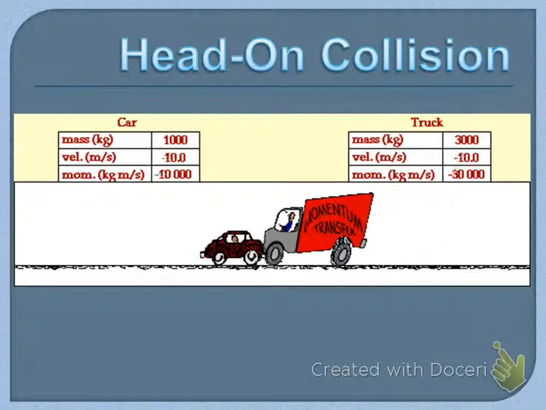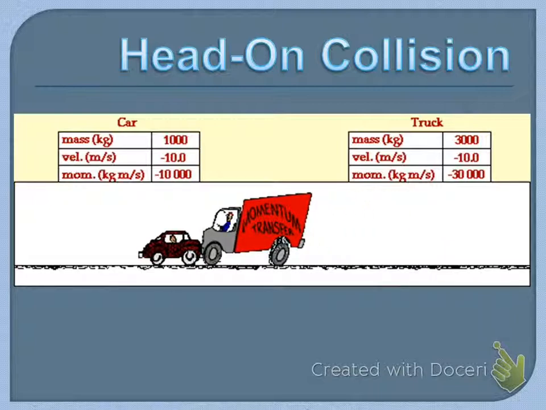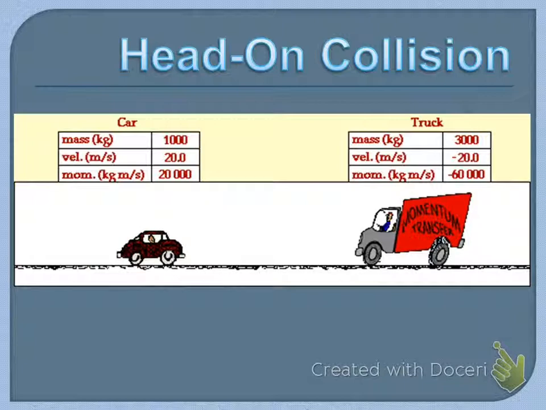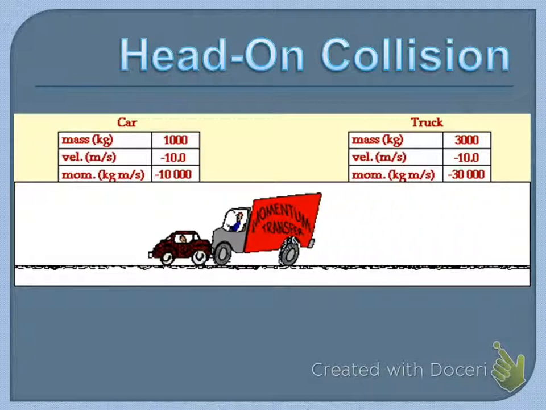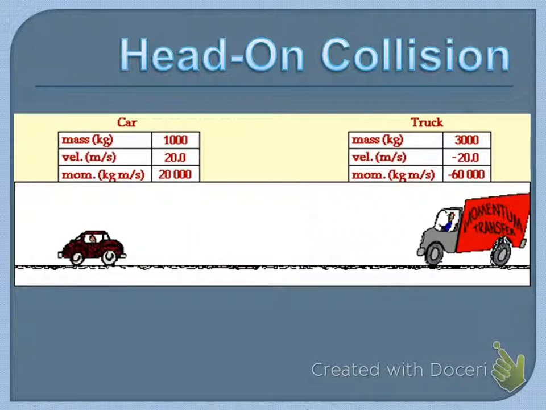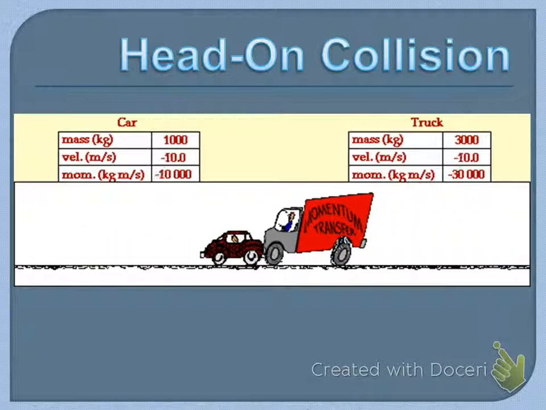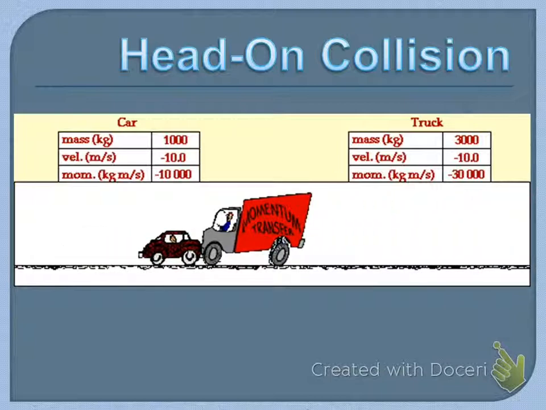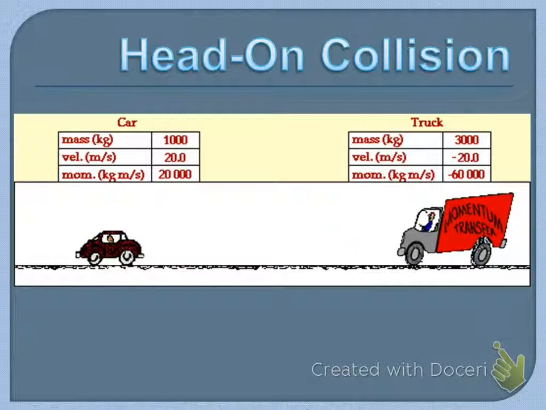Okay, so here we have a car and a truck that stick together in a head-on collision and move. You notice that the truck ends up pushing the car in the same direction in which the truck was originally moving, and that's because before the collision, let's see if I can pause this right here. Before the collision, the momentum of the car is 20,000 kilograms meters per second, and the momentum of the truck in magnitude is greater, 60,000 kilograms meters per second, just negative because it's going to the left.